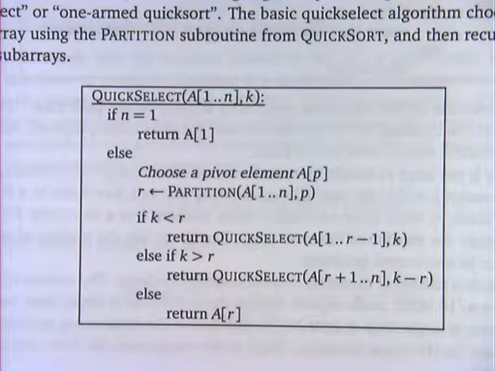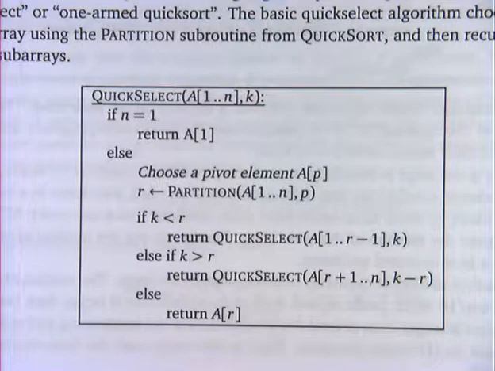Yes? Is the element in the array ordered? The elements of the array initially are not ordered from small to large. If the array were sorted, the algorithm would have one line, return A sub k. The initial array is not sorted.